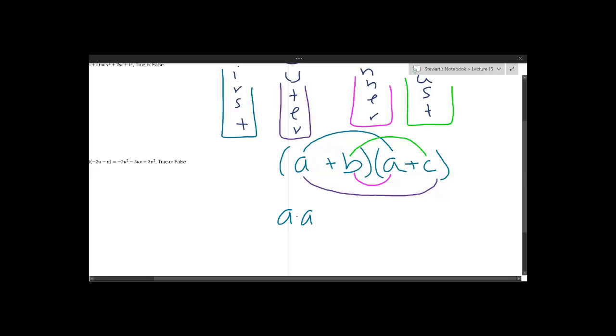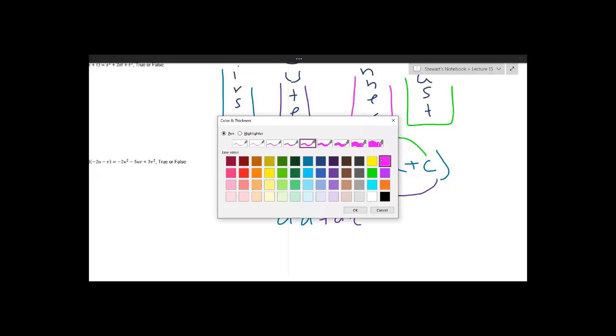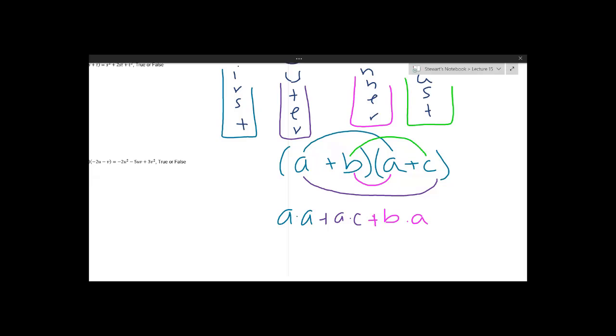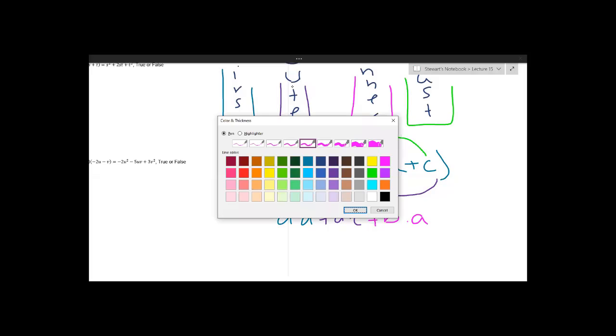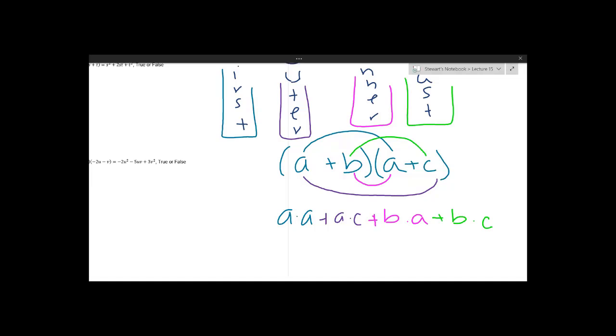The outers, so you'd have plus a times c. And then the inners, so that'd be plus b times a. And then the last ones would be plus b times c.